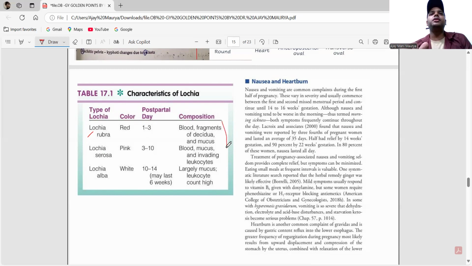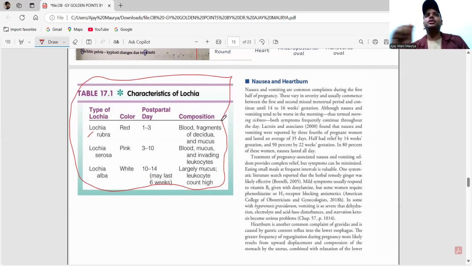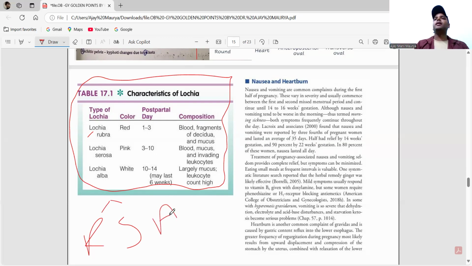Please study the composition. This is also going to be an important one, guys. There may be a question. Remember the order: first rubra, then serosa, then alba.